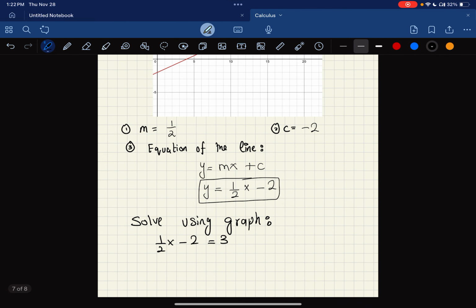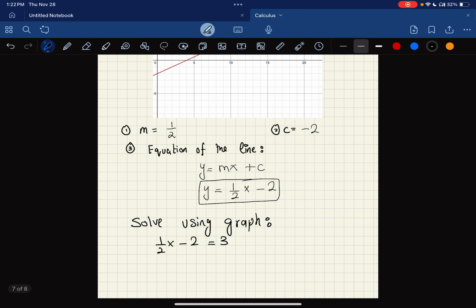Now, what do they mean by that? If you recognize this part of the equation, this whole thing is just the equation itself. It is just the y itself, right? Correct? Because that's the equation, and that is represented by y, right? So when they say 1 over 2x minus 2 equals to 3, what they really mean is y equals to 3.